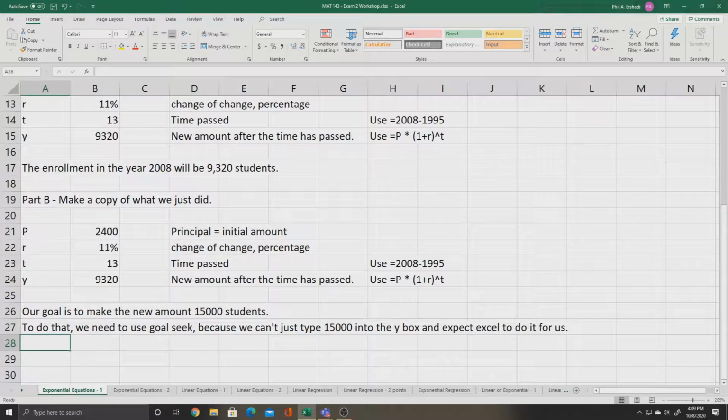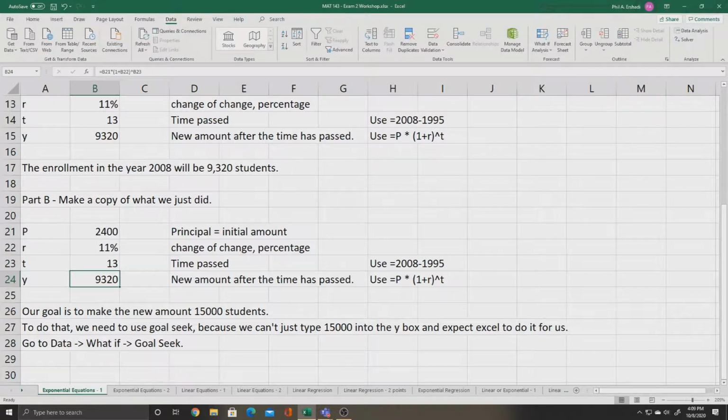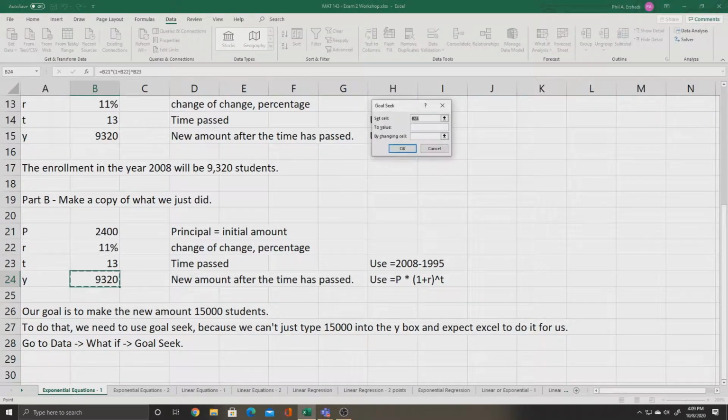We need to tell Excel that it's supposed to change it to 15,000. So we are going to go to Data, What If, Goal Seek. So we click on the Y box first. Go to Data, What If, Goal Seek.